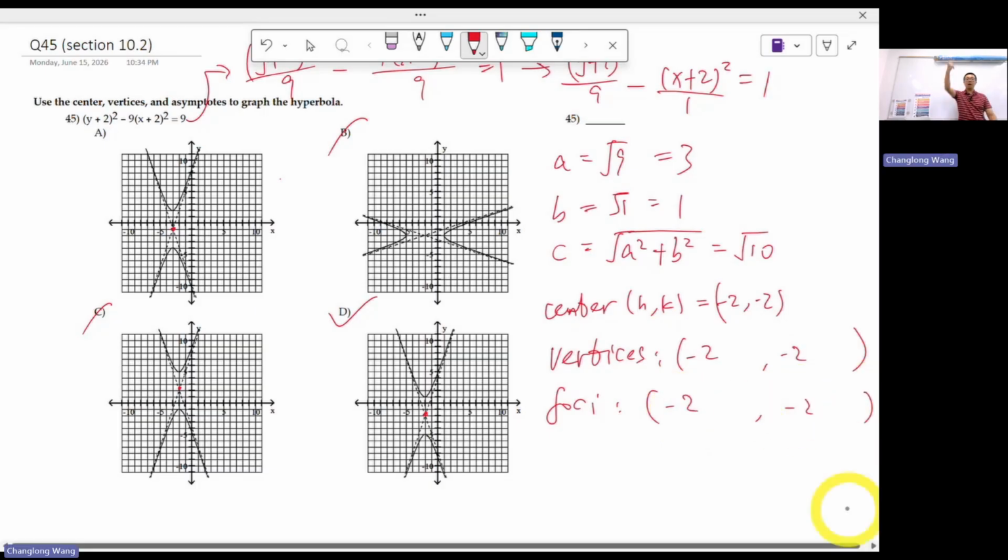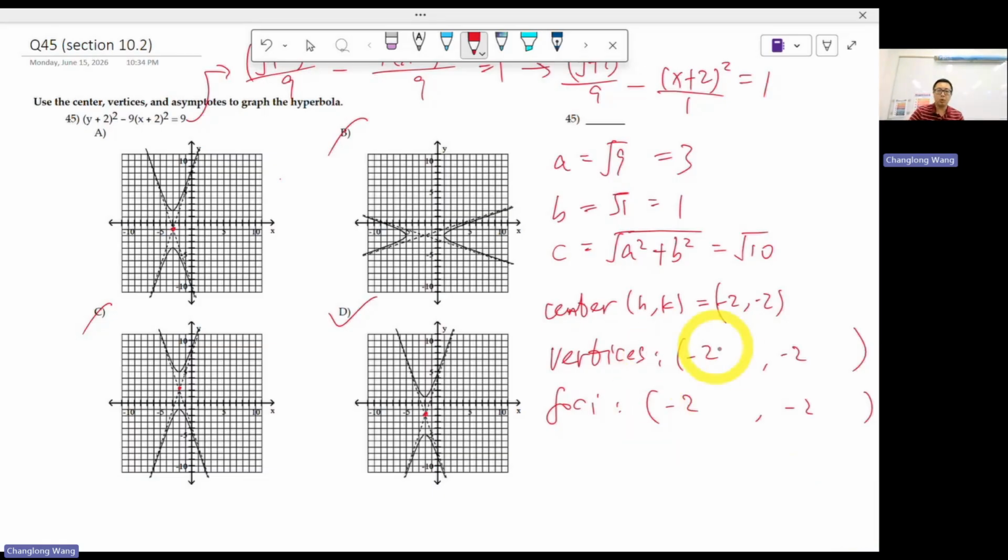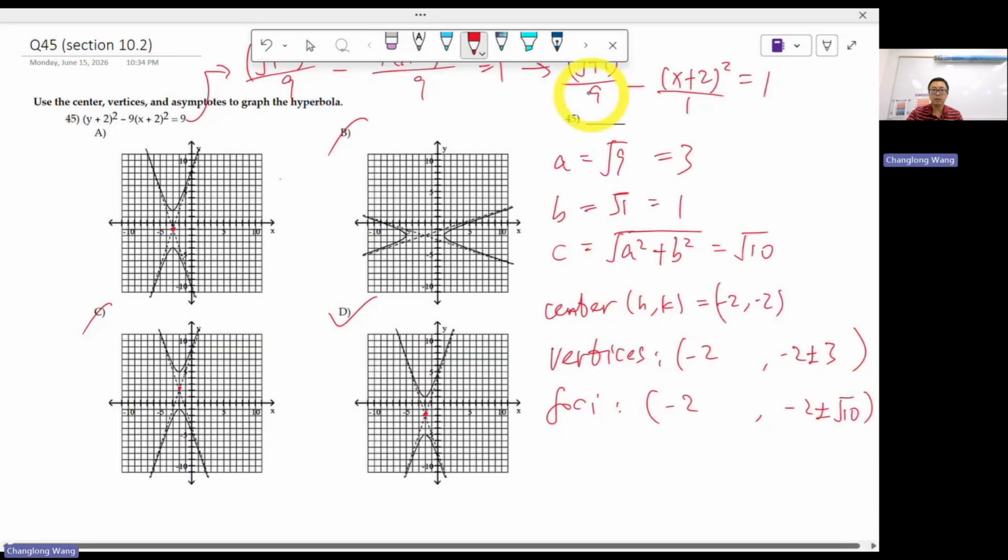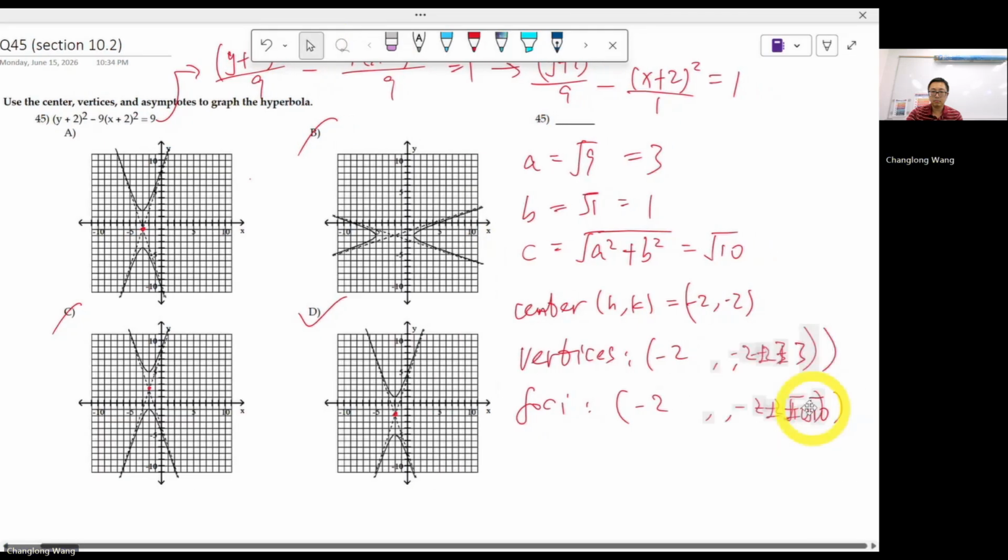But now we're going to go up and down by A units to see the vertices, up and down by C units to see the foci, right? So as you're going vertically, there's no change in the x coordinate. But the y coordinate will be modified, right? So vertices going up and down by 3, for foci, going up and down by radical 10. Okay, let me put them a little bit closer.